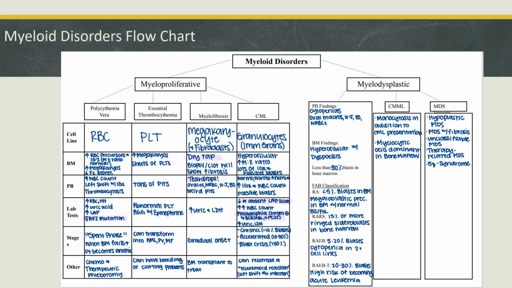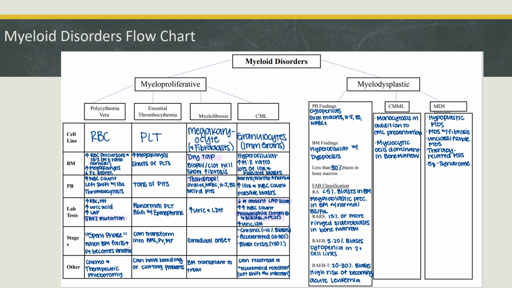We've got our other 2 types of myelodysplastic syndromes, CMML, which is going to be monocytosis in addition to a CML presentation, so a chronic myelomonocytic leukemia. It's not very common, but it kind of is just the myelomonocytic cousin or sibling to CML.